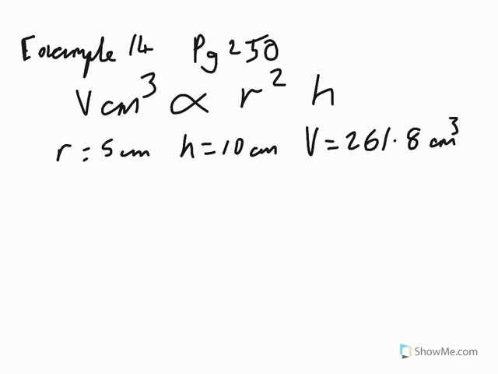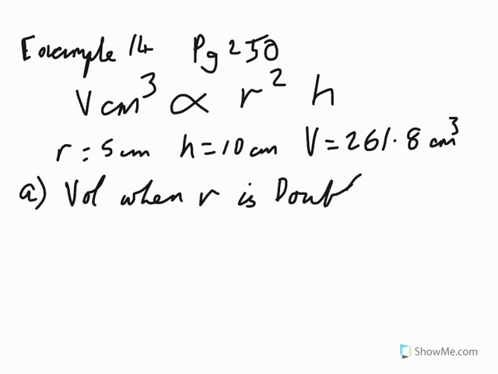So we're going to find a couple of things. We need the volume. First, part A: the volume when R is doubled is what we've got to do. So V is proportional to that: V equals k R squared H, and there are a couple of ways we can look at this.